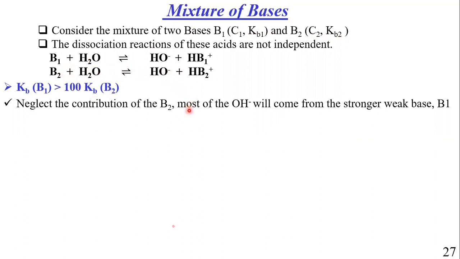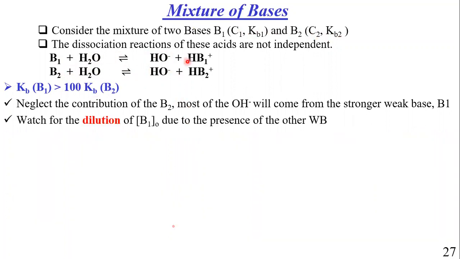And so all of the calculation of OH minus will come from the first equation only, but don't forget dilution. First, get the concentration of the stronger of the two bases after dilution, and check if it's greater than 100 Kb.